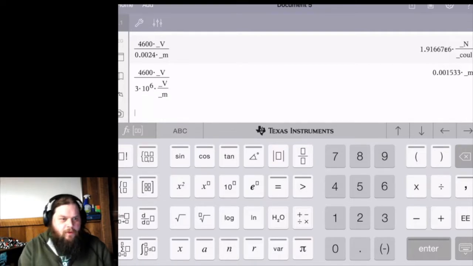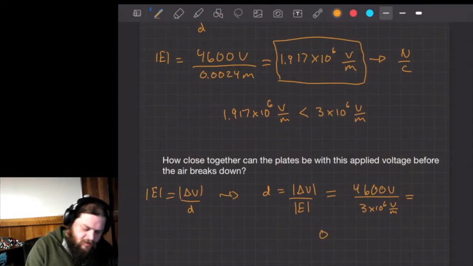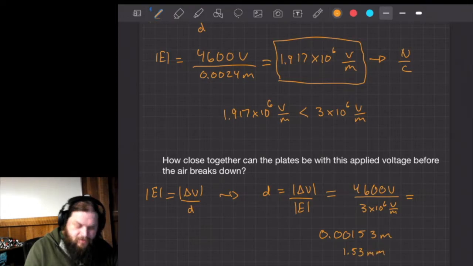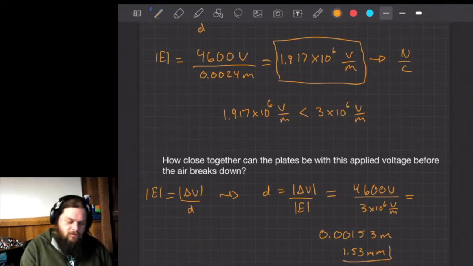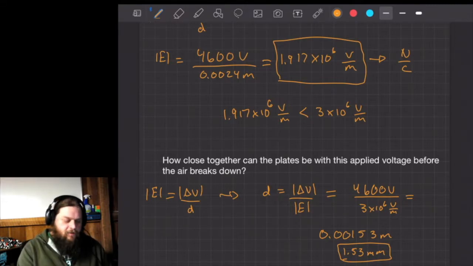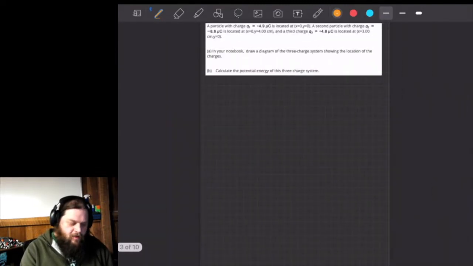We get 0.00153 meters, which is about 1.53 millimeters. So that's the distance the plates have to be from each other to get a strong enough electric field to have that air break like that.